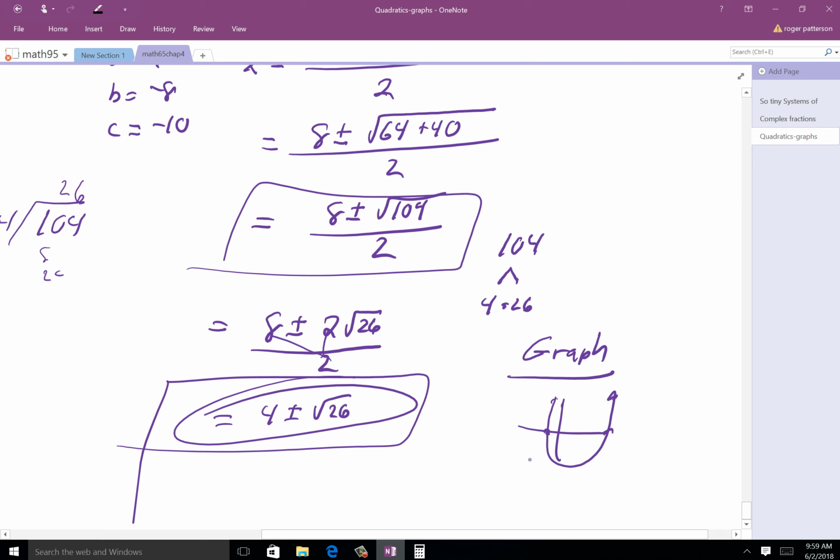Now, if for some reason this graph and these answers don't match up, then there's a mistake somewhere. So it allows you to check. And I think we talked about this once before.